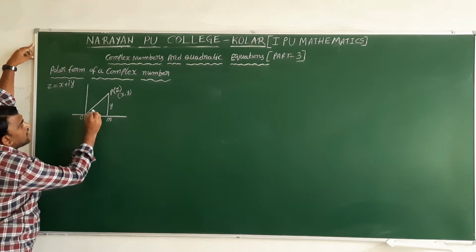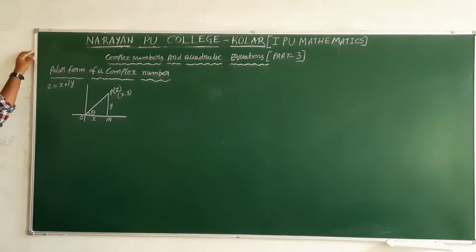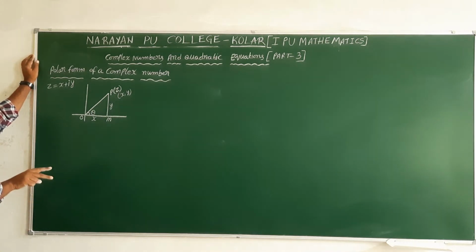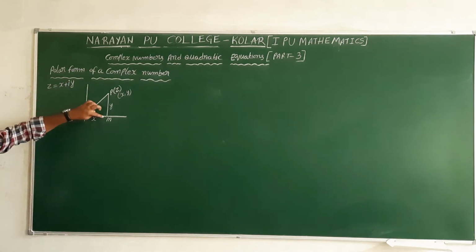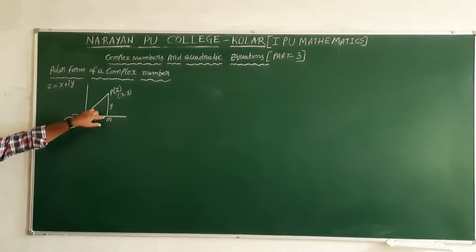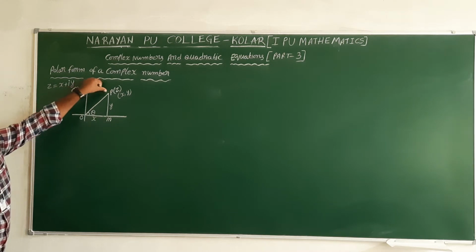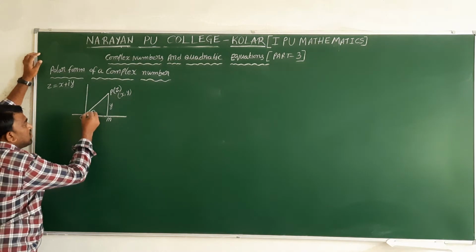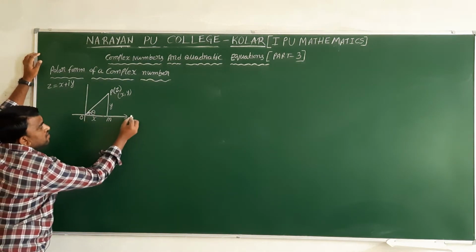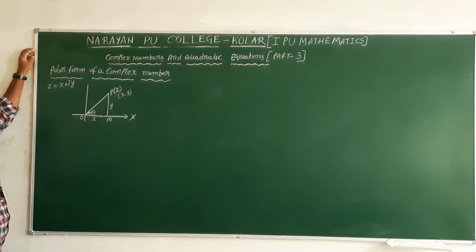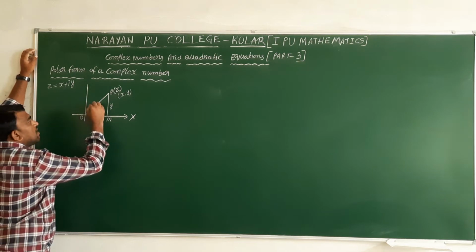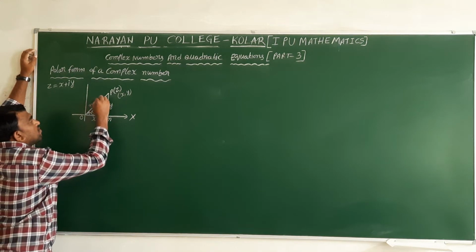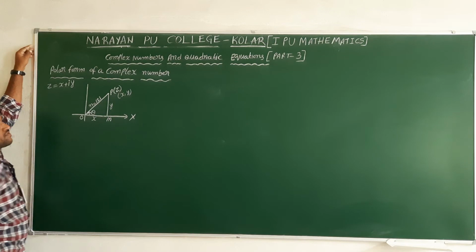Let us take theta to be the angle made by OP from which axis? The positive x axis. The angle OP makes from the positive x axis. And r is equal to modulus z.